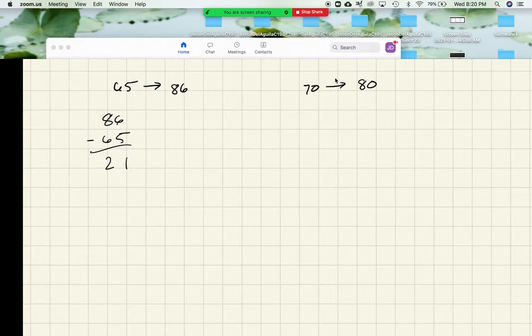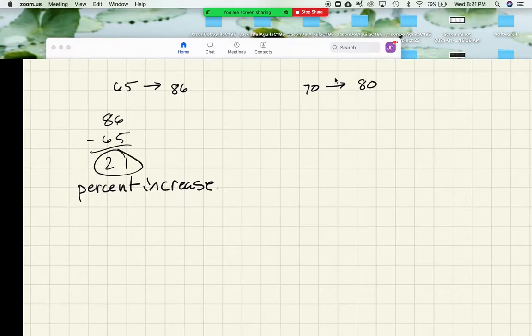Plus 32% equals 85. Okay, so this is what I'm thinking. It's kind of complicated, but to get the percent increase, that's what we want, right? So I just took these and subtracted them, and I got 21. That's how much I increased, right?